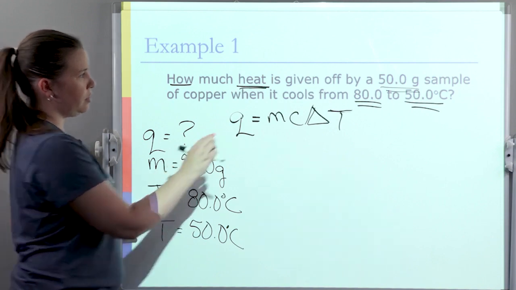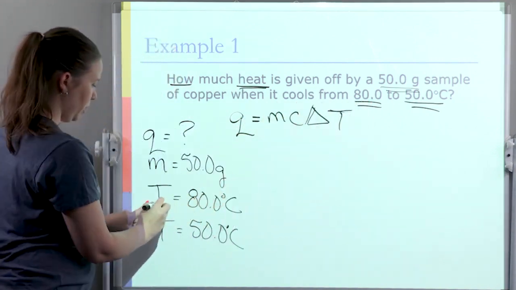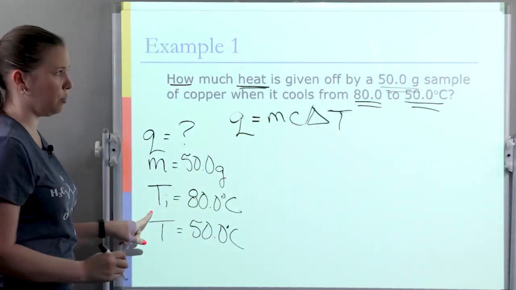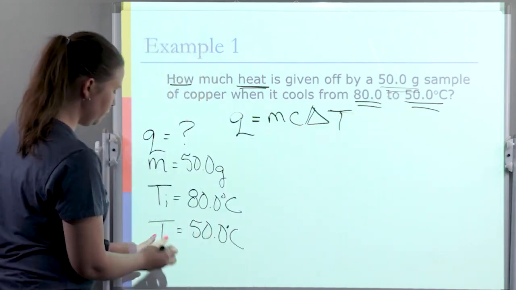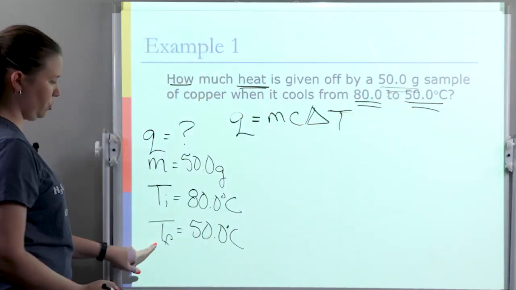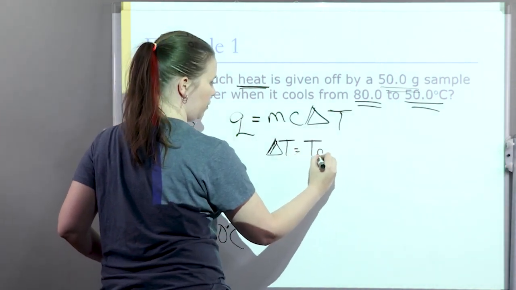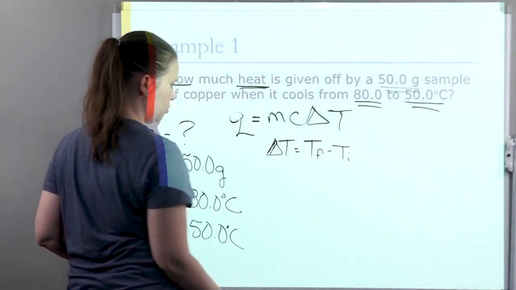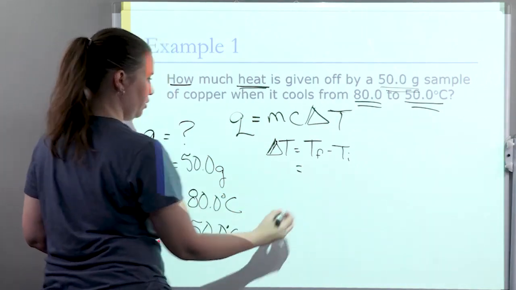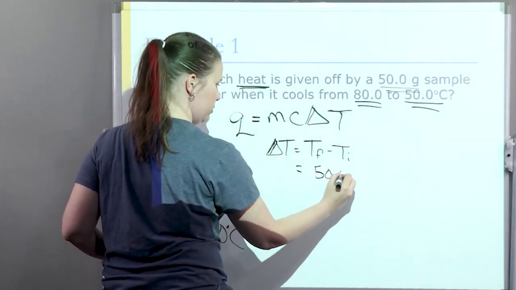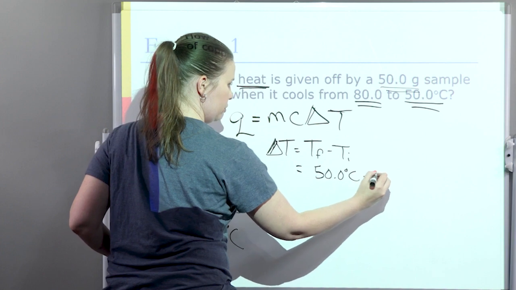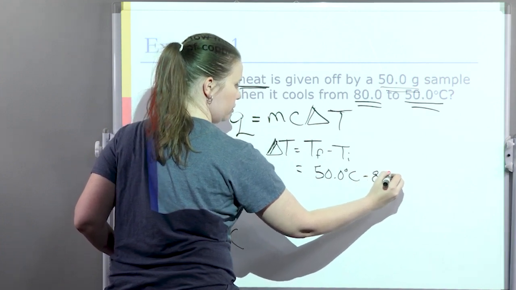So the system says it cools from 80, meaning it's starting at 80. So that would be my initial temperature. And it goes down to 50. So that would be my final temperature. So when I solve for delta T, I want to do T final minus T initial. So the final is the 50 degrees Celsius, and the initial is the 80 degrees Celsius.